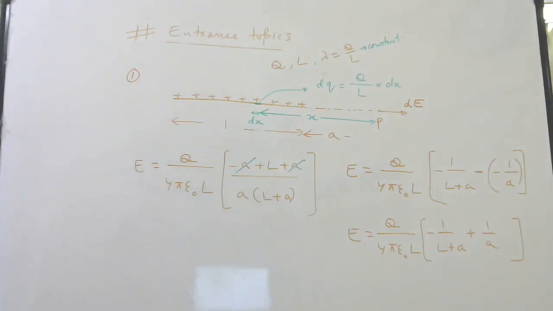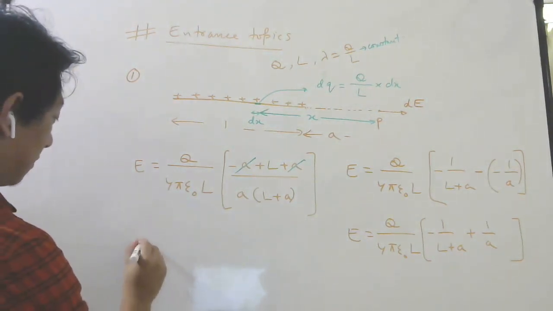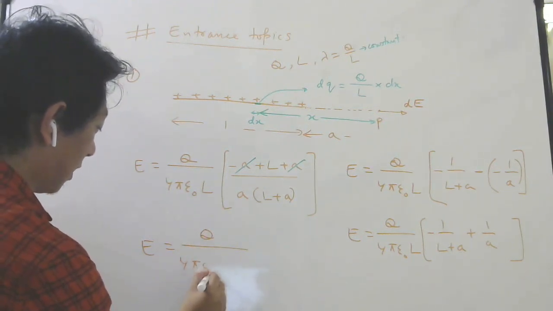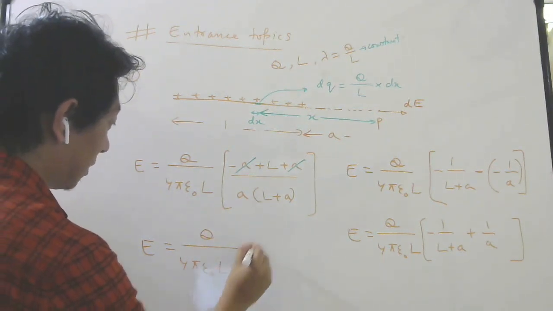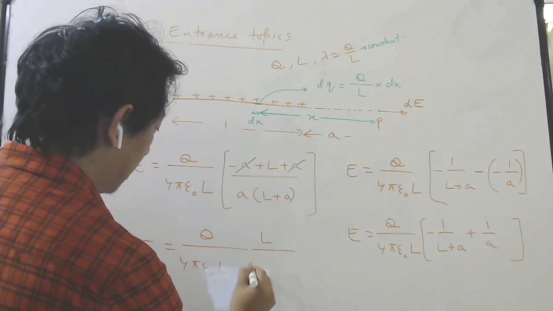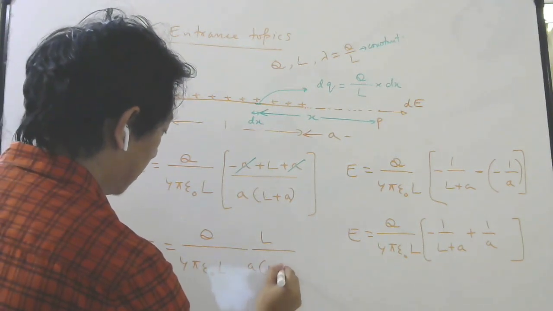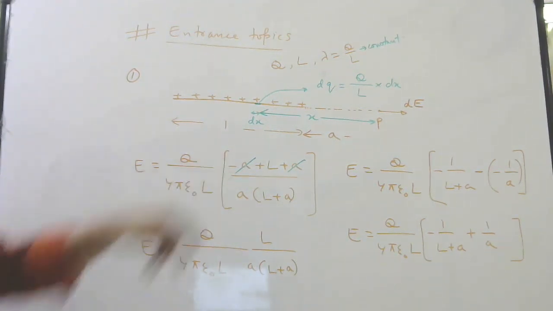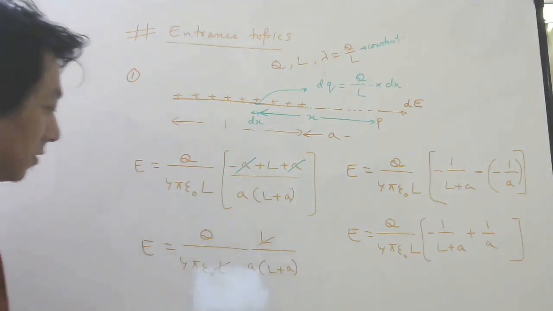So what will be the final electric field? The final electric field is Q divided by 4 pi epsilon naught L, times L divided by A into L plus A. This L will be left, and you can now cancel this L also.